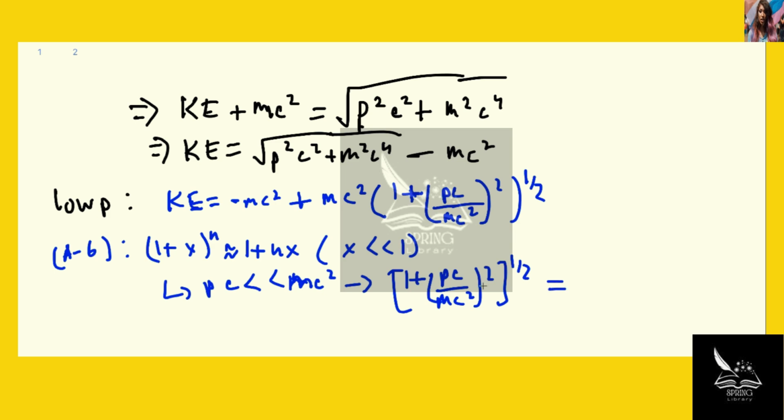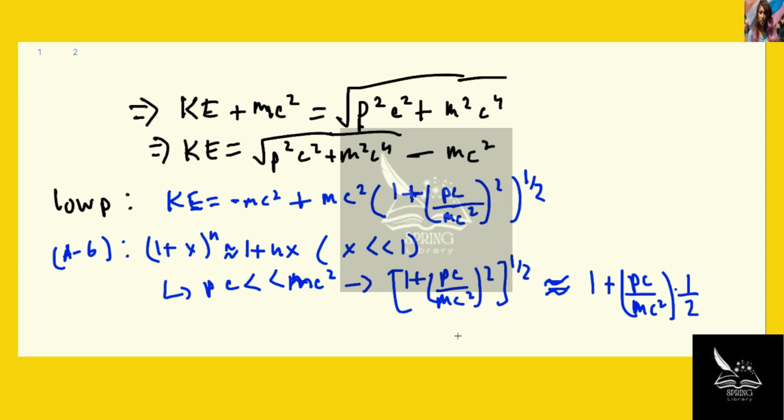So this should be approximately 1 plus 1/2 (pc/mc²)², and this 1/2 came from the exponent, the square root.